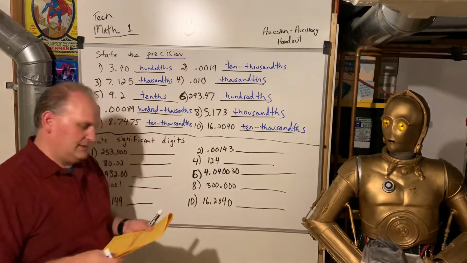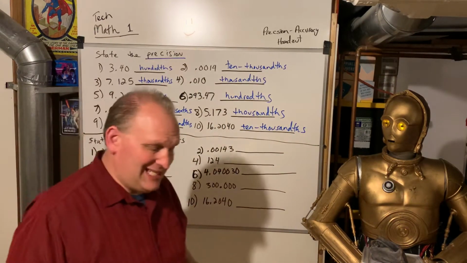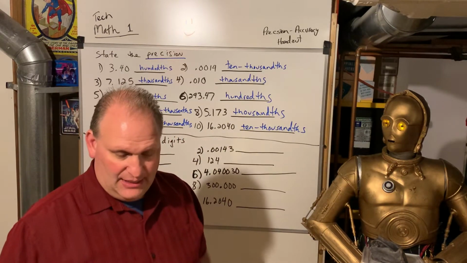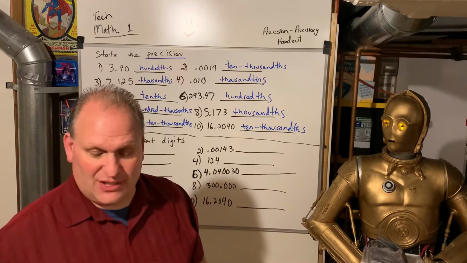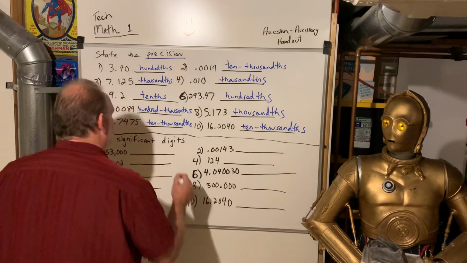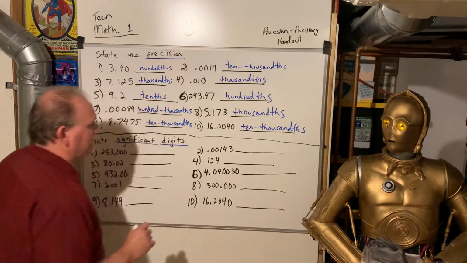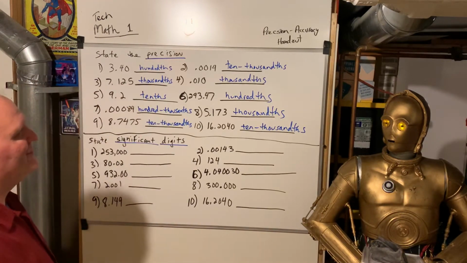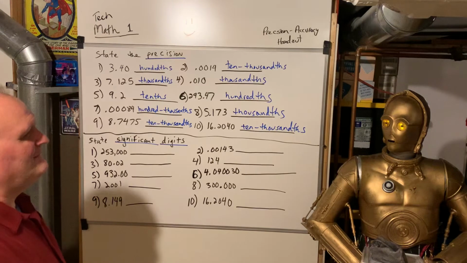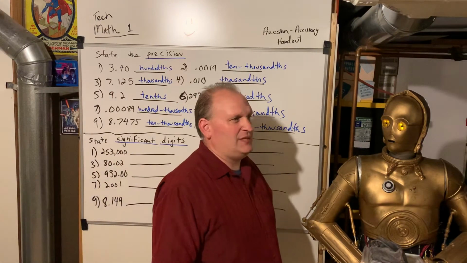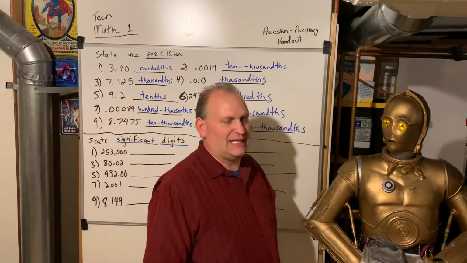All right. Now, significant figures are different than significant digits. We're talking significant digits. Sig digs. It's something that we kind of explore when we do scientific notation.